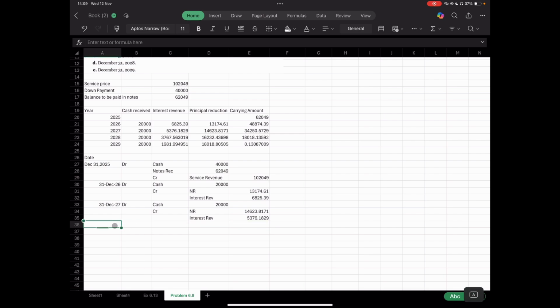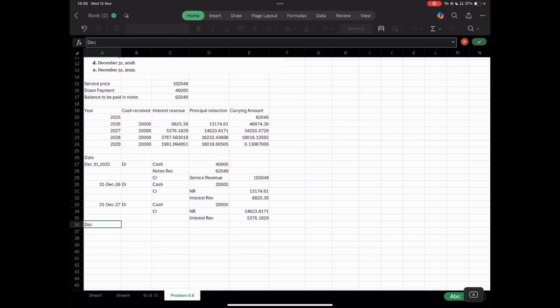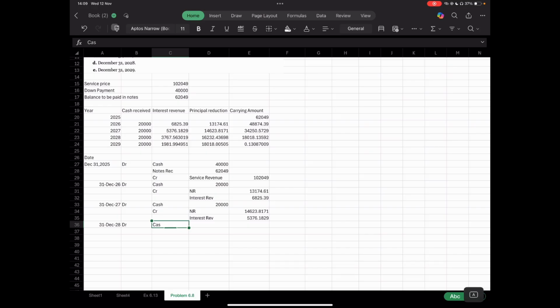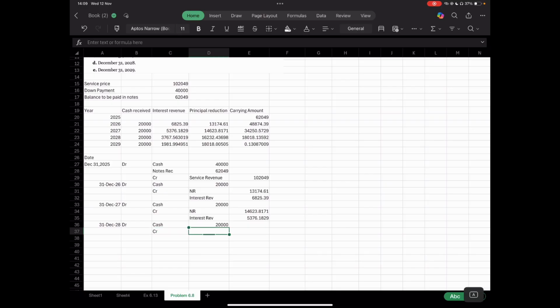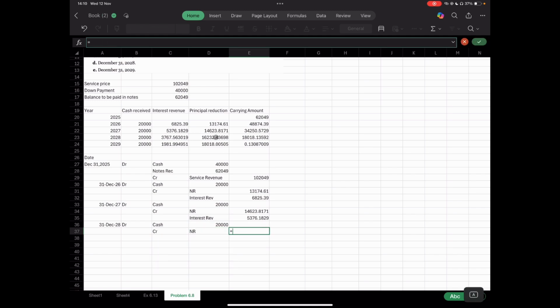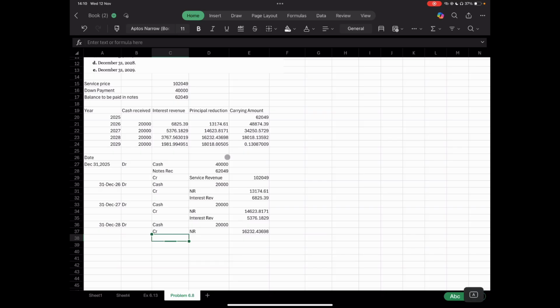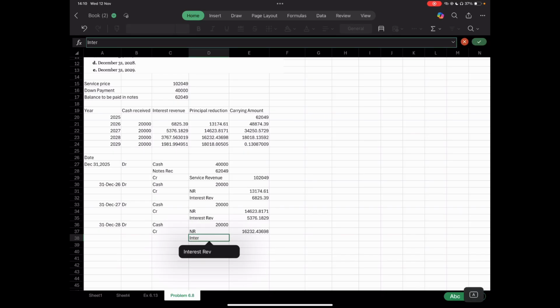Now we're going to write December 31st, 2028. Debit, cash, 20,000. We didn't write cash for some reason. Credit, notes receivable, amounting to 60,232. And interest.